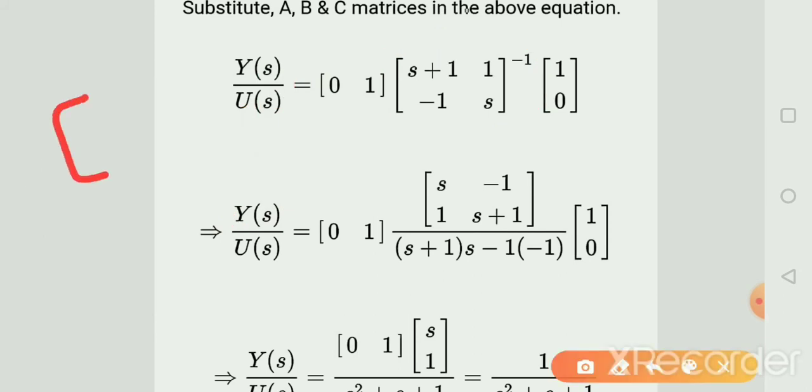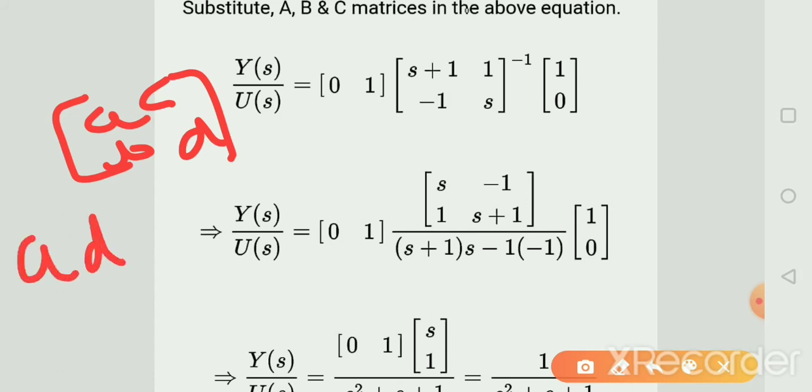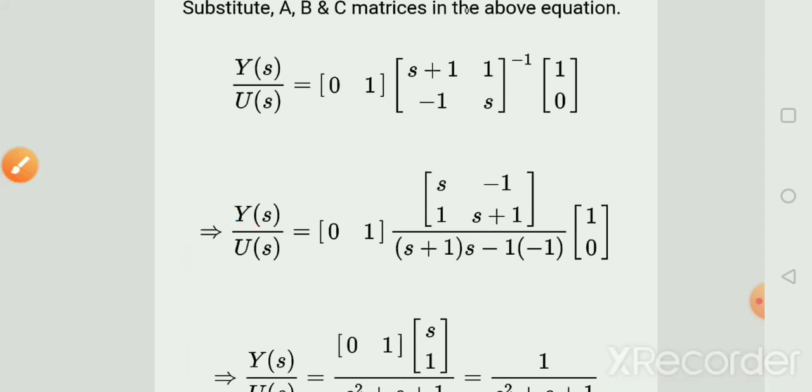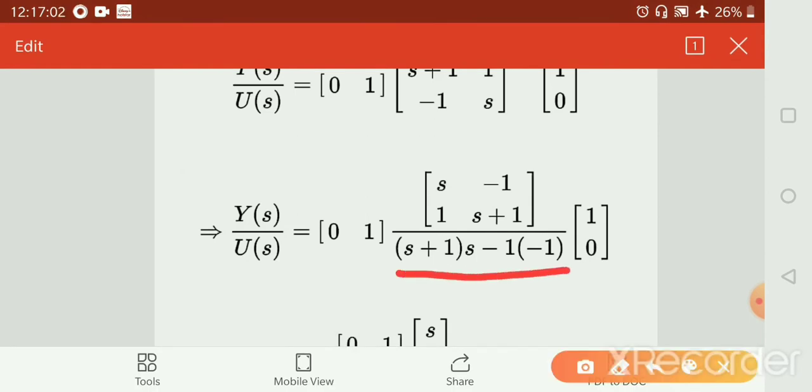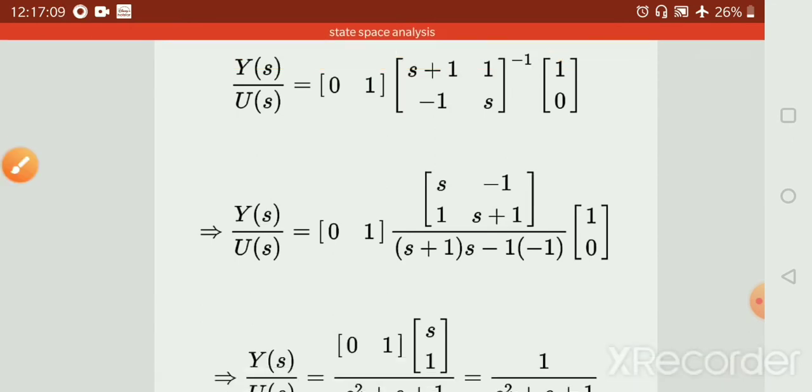Suppose we have a matrix [A, B; C, D], and when we calculate the determinant for this matrix, it is AD minus BC. So by this we can get the denominator value. It is the modulus of this sI minus A.